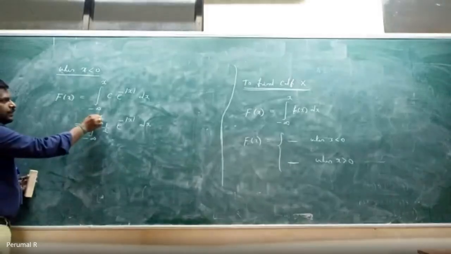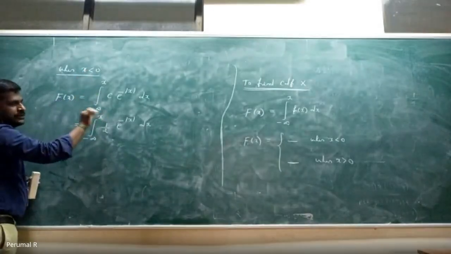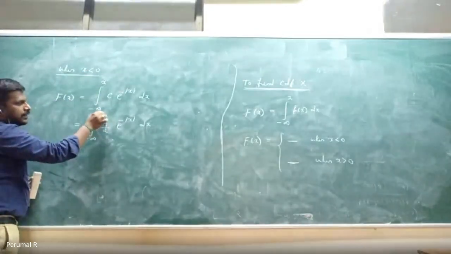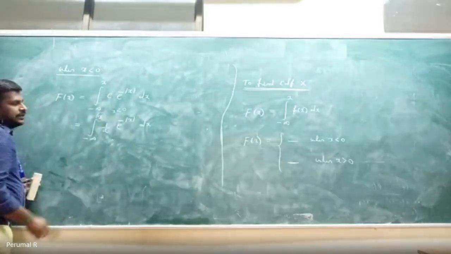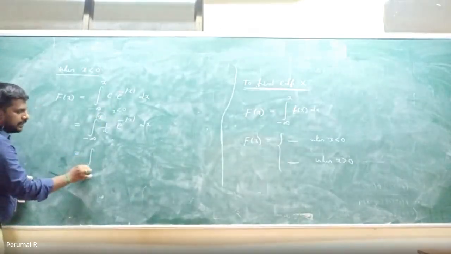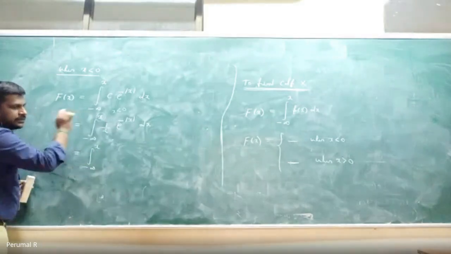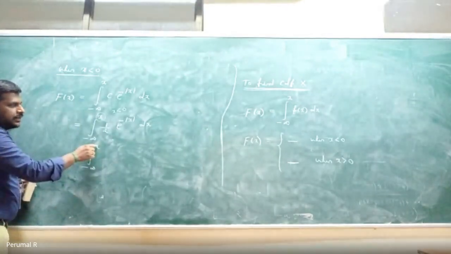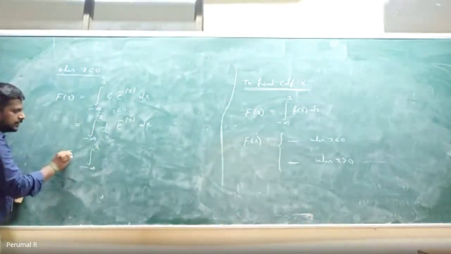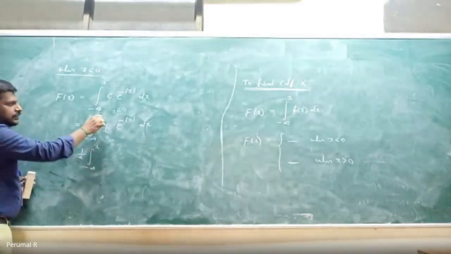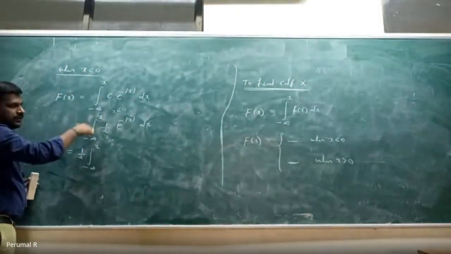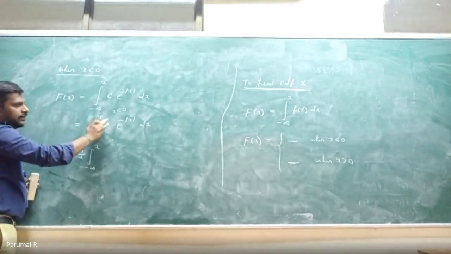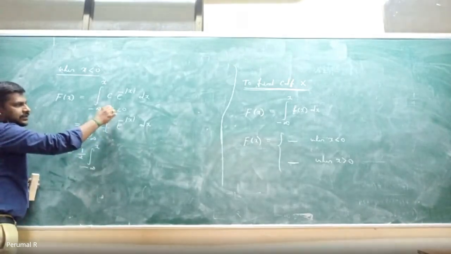Here your x value should be less than 0. Don't change the limit x, so minus infinity to x. 1 by 2 is a constant, taking it outside the integration. Here minus infinity to x is nothing but x less than 0.